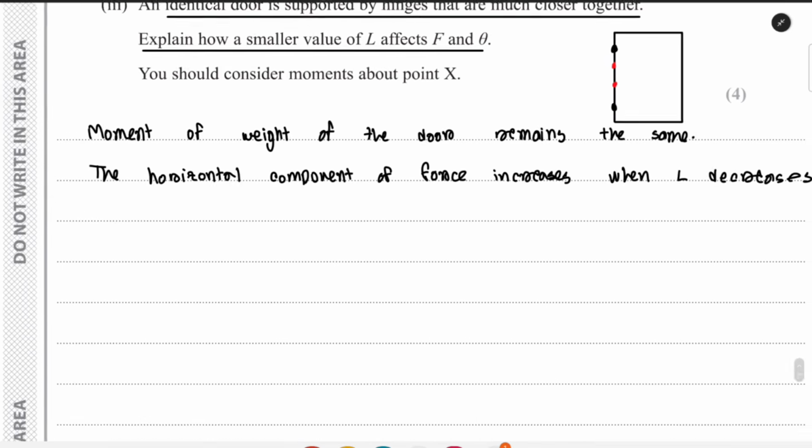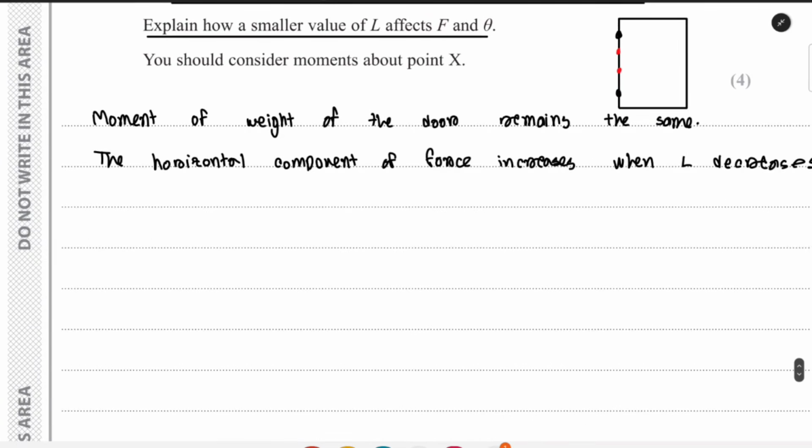And the vertical components must be the same because each of the hinges must hold the same force. So the vertical component of force remains constant.